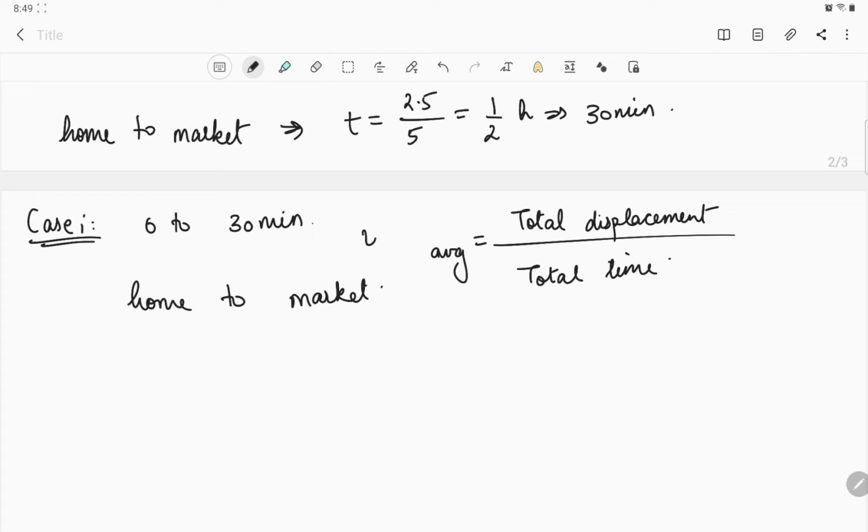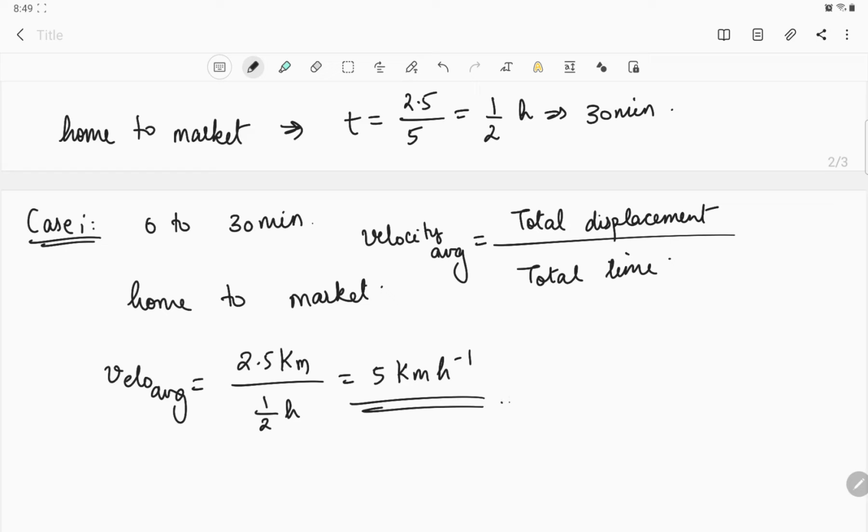I'll write here velocity because sometimes we represent speed also with V. So velocity average is going to be the total displacement, 2.5 kilometers, divided by 1 by 2 of an hour, which is nothing but 5 kilometer per hour. So as was given in the question, the same answer you're going to get.